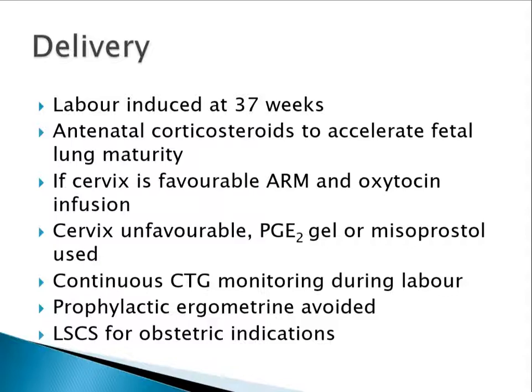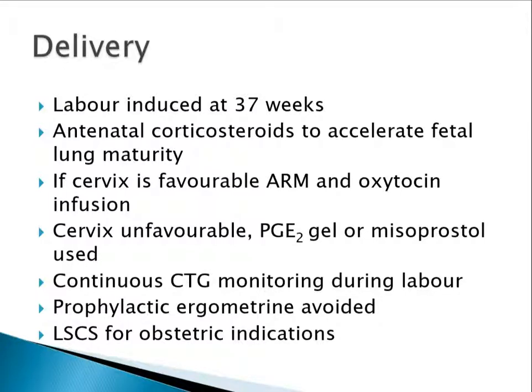Now, there is a scoring system for this. If the cervix is long, the os is closed, and it is placed posteriorly, then it is not favorable. So if the cervix is not favorable, you can give prostaglandin gel or misoprostol.